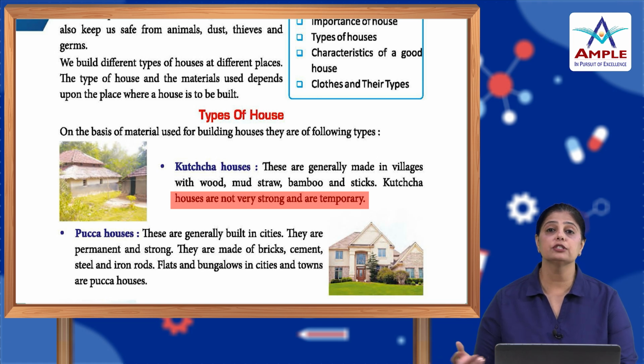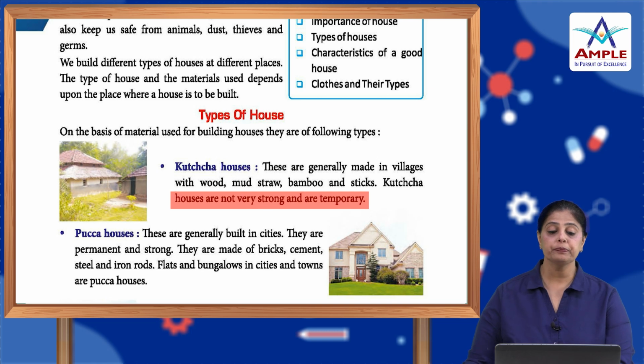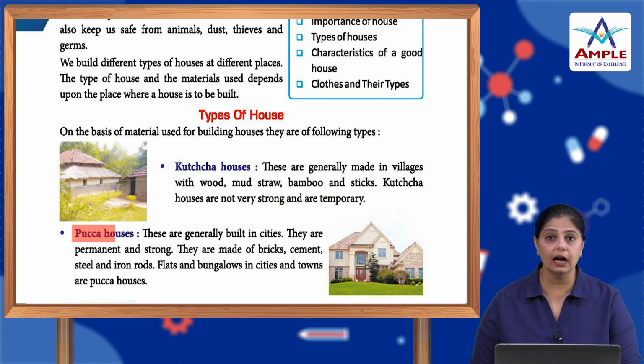If a person found that the place was not safe enough to live anymore, they could move out from there. It was like a temporary shelter that they built for themselves. There are still such houses in villages, although people may live there for years and years because they keep doing repair work and making it sustainable. Now, let's talk about a pakka house.